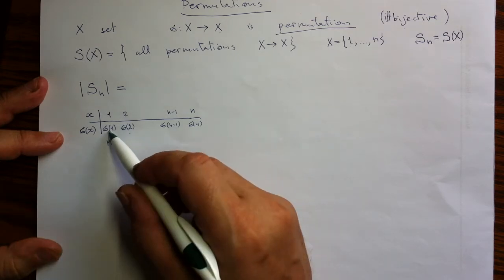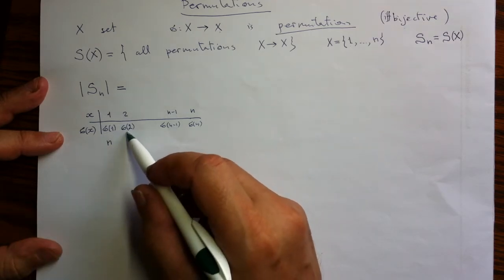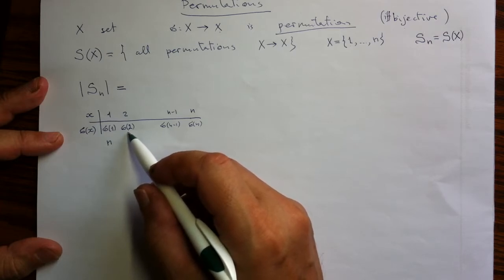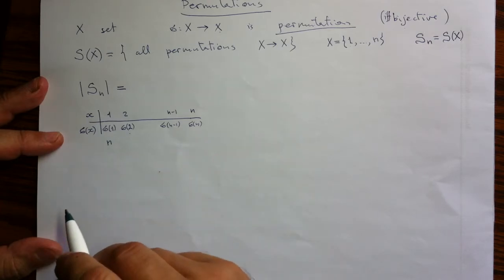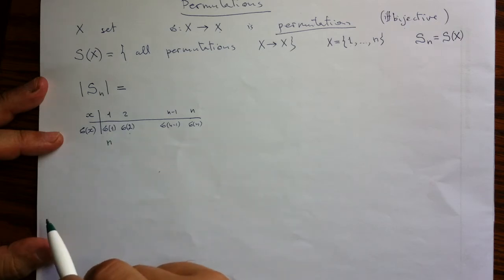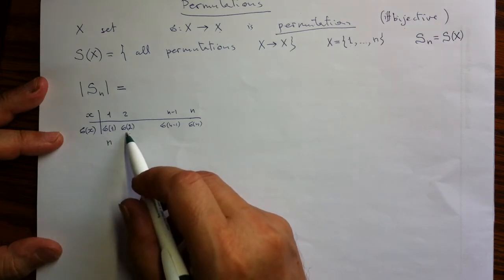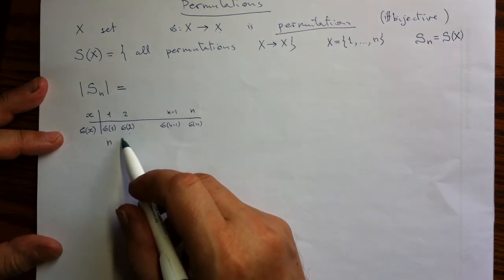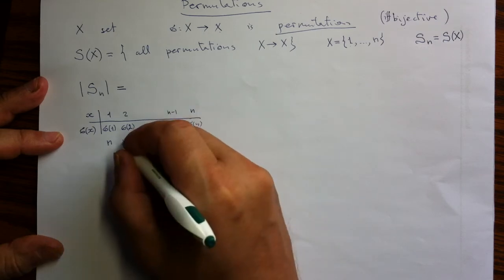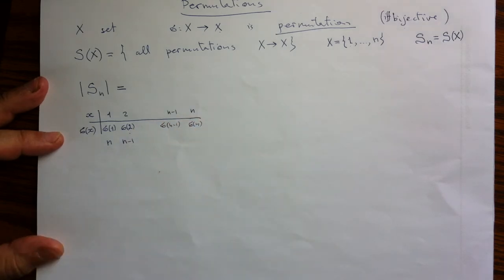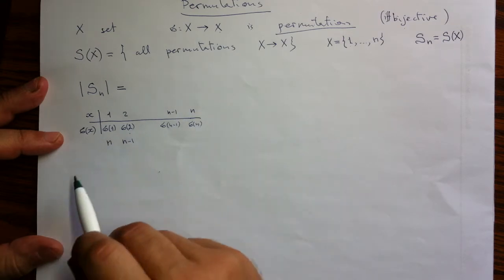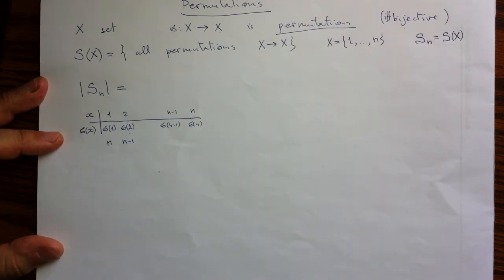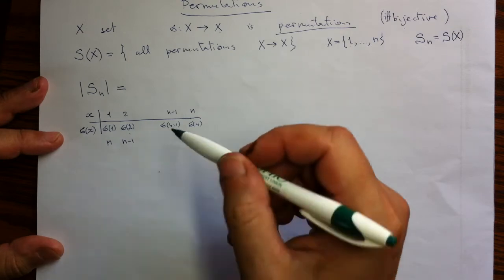After we have the first value chosen, then choosing the second, counting possibilities for the second value, we have to exclude the first one. So of all n elements in our set X, we have to take away 1, and then we'll have n minus 1 possible answers for this second value.